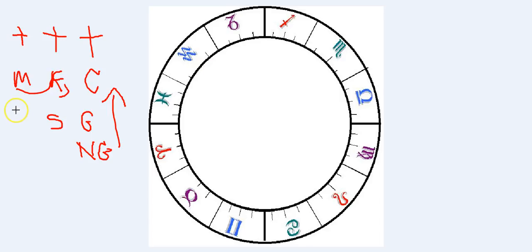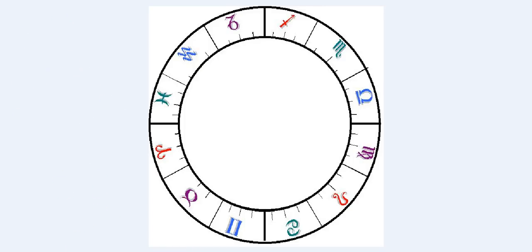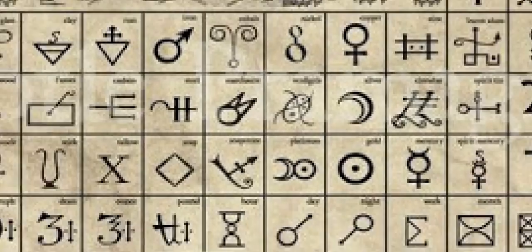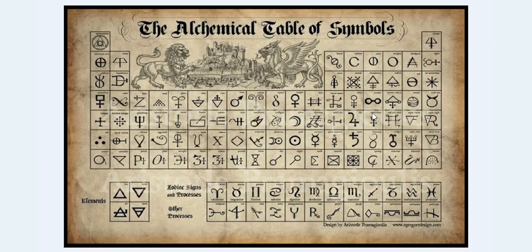So you have the mutable liquid, the fixed solid, and the cardinal gases, or noble gases, that went all the way up then, didn't it? The elemental table.